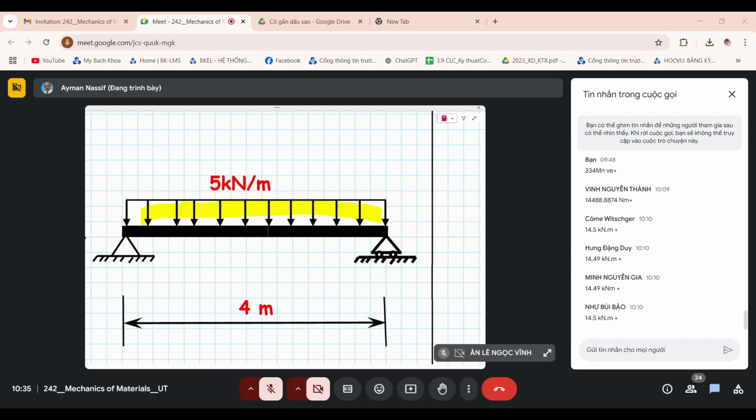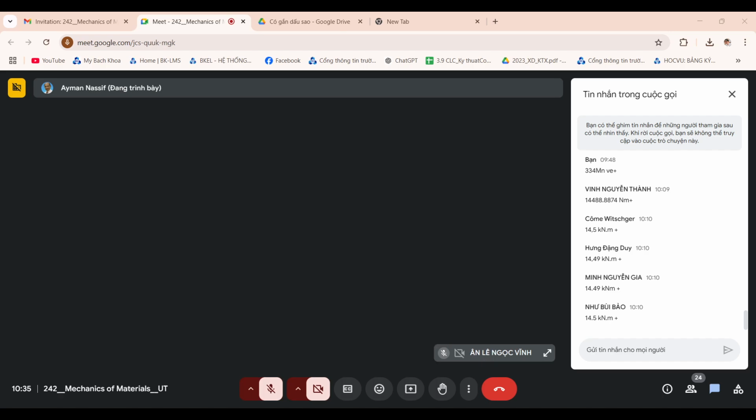But anyway, we can say the constant intensity on this element is 5 kilonewtons per meter length. So each meter, so that is 4 meters, each meter has got a weight of 5 kilonewtons, or has a pressure on it equivalent to 5 kilonewtons. And every half a meter is 2.5 kilonewtons, and so on and so forth.